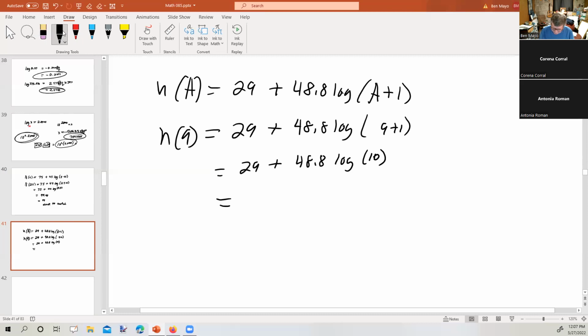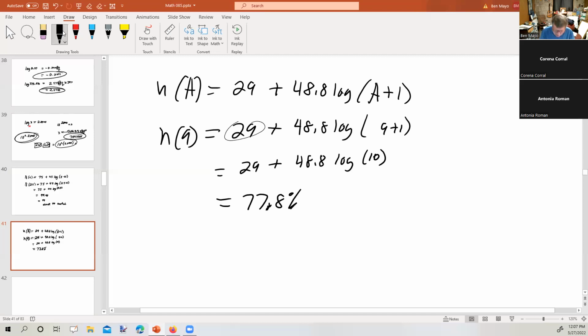Let's try that. Yeah, I grabbed the wrong number. 29 plus 48.8 log of 10. You know, it's funny, as I was doing it, I thought, well, that's interesting that the same number goes here as here. That's not what was supposed to happen. 77.8. So that would be the percent.